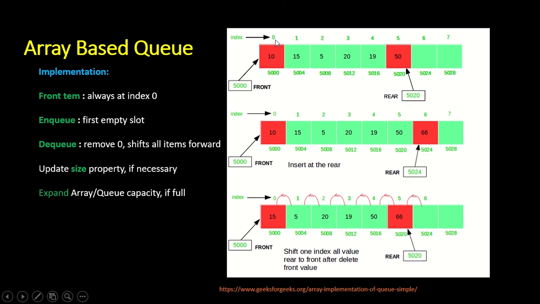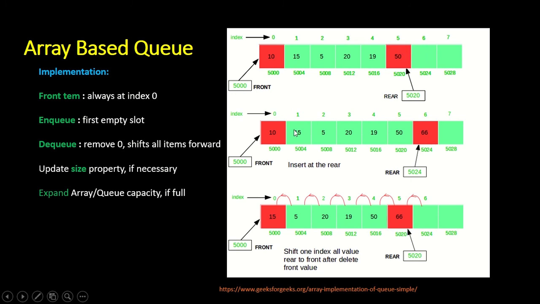And as you can see, it has an index of 0. So when you enqueue, you enqueue at the first empty slot. So in our example at the top here, the first empty slot is at index 6.